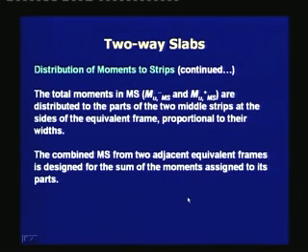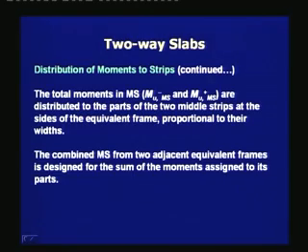The total moments in the middle strip, which are Mu minus Ms and Mu plus Ms, are distributed to the parts of the two middle strips at the two sides of the equivalent frame proportional to their widths. The combined middle strip from two adjacent equivalent frames is designed for the sum of the moments assigned to its part.